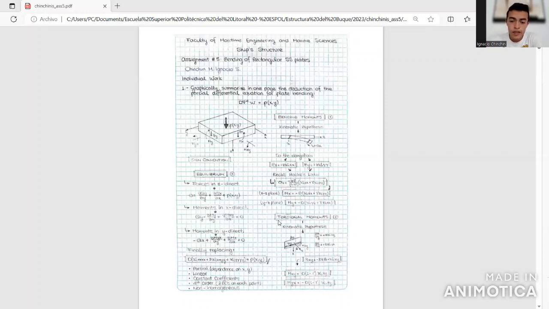The next step is analyzing the torsional moments. We need to assume a kinematic hypothesis, so we can express tau xy as equal to minus 2 z G multiplied by the partial derivative with respect to x and with respect to y of the deflection.